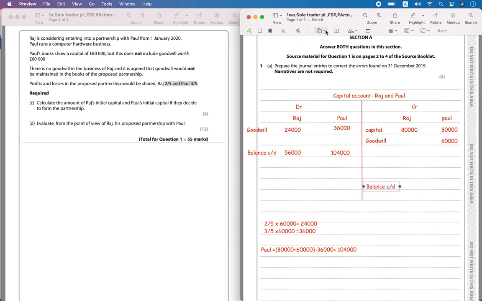So let's put the totals here. The total is around 80,000 for Raj, and 140,000 for Paul.